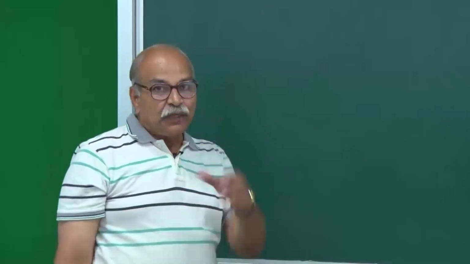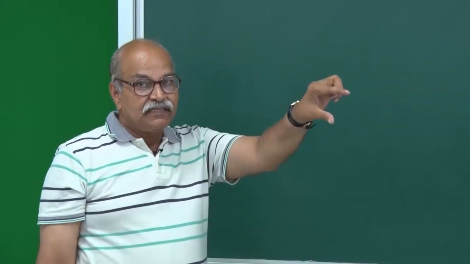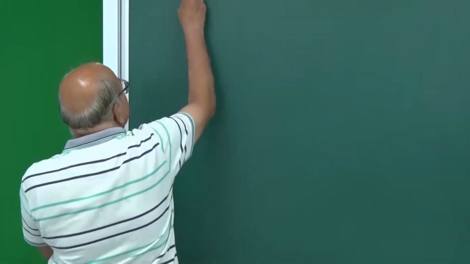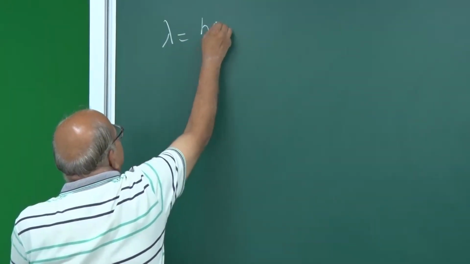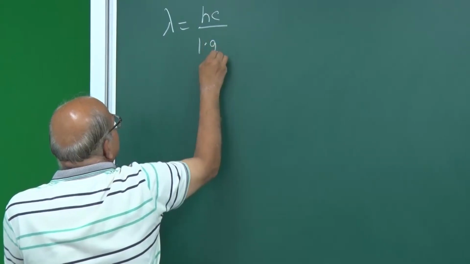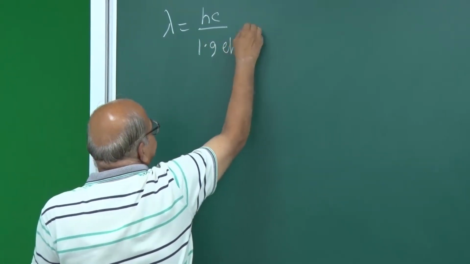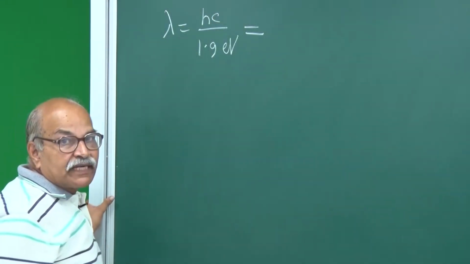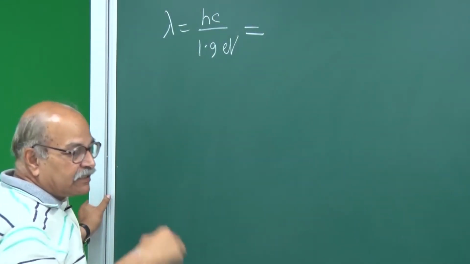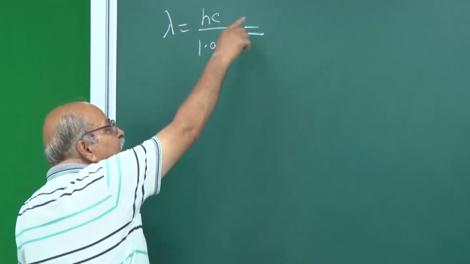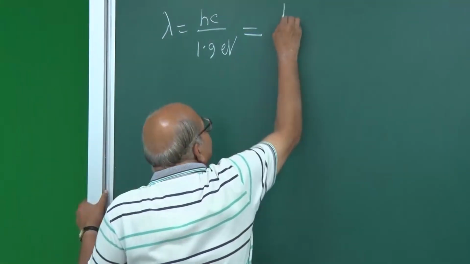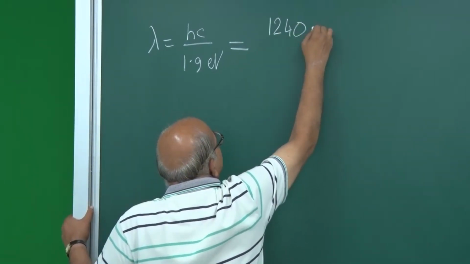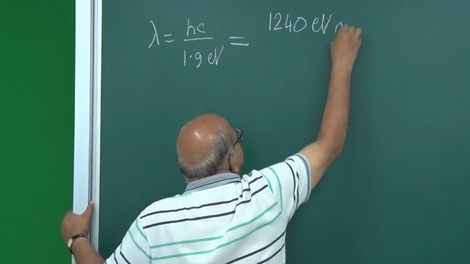So for the 1.9 eV energy lump, that photon, the corresponding wavelength lambda will be hc divided by 1.9 eV, where h times c is Planck's constant times the speed of light. If you put in the values and convert to the units I am going to use, this is very close to 1240 eV nm.